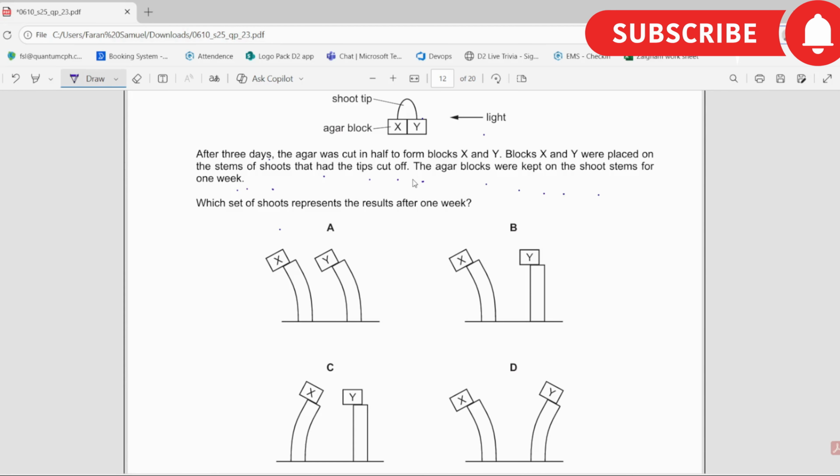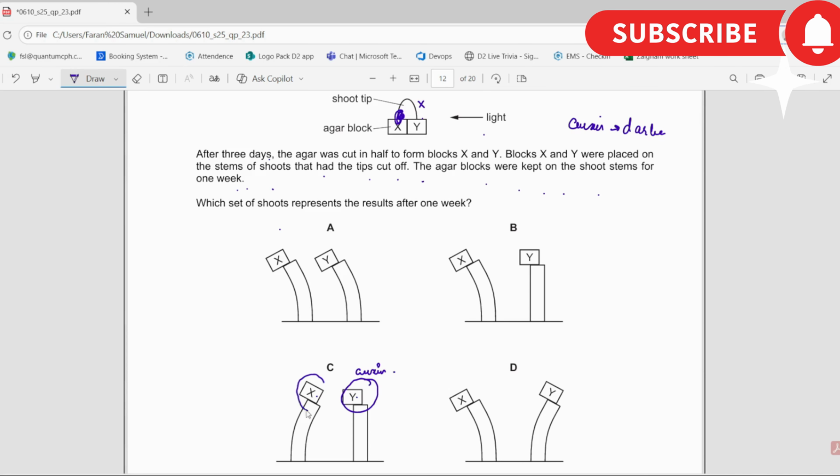Let me tell you. We say auxin is produced on the darker side, right? So the auxin would be produced over here, but not here. It's on one side only. So if we place it there, there won't be any change in direction because there is no auxin.